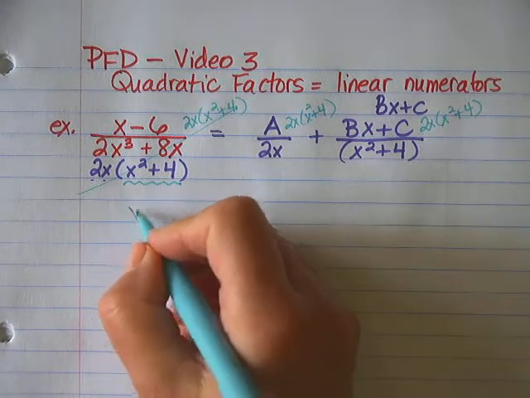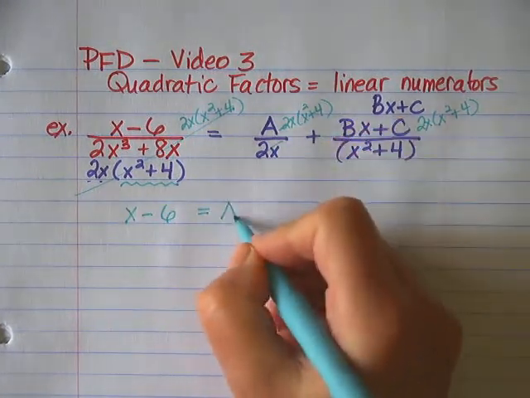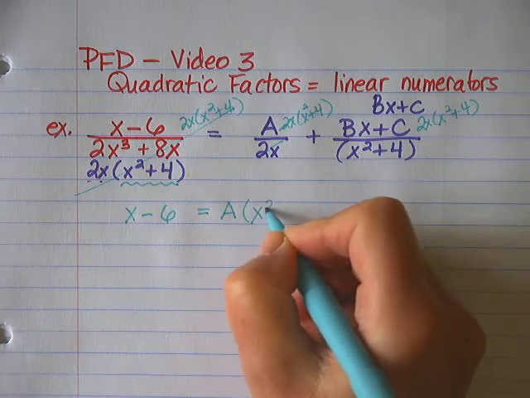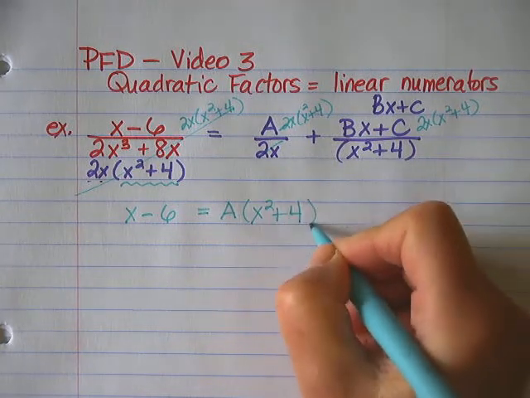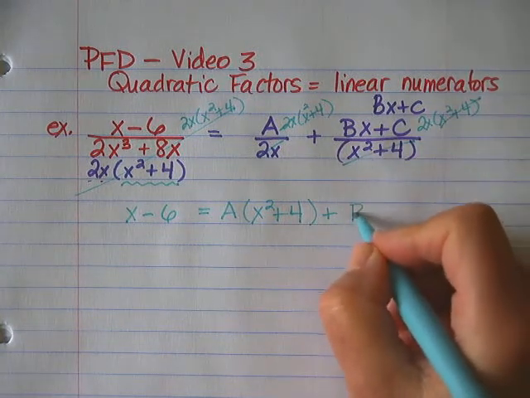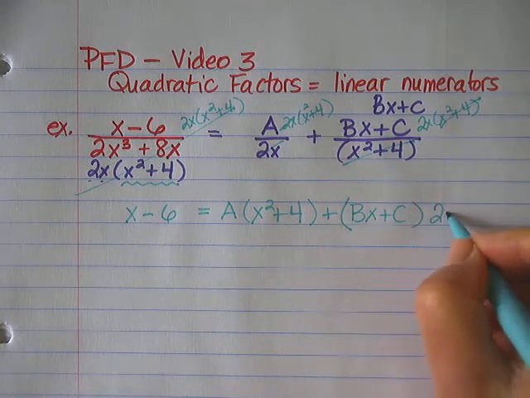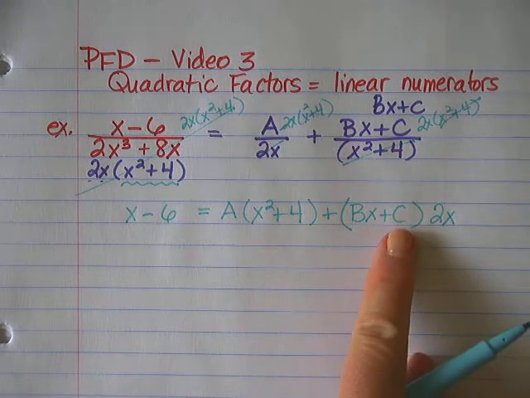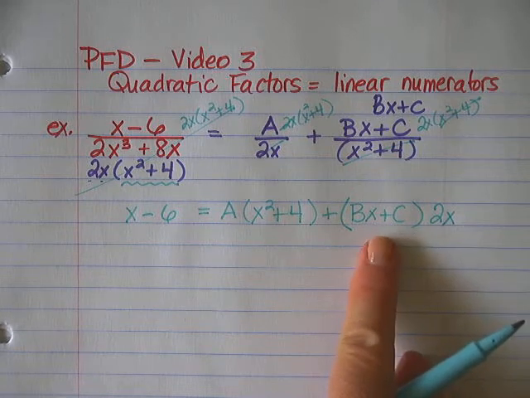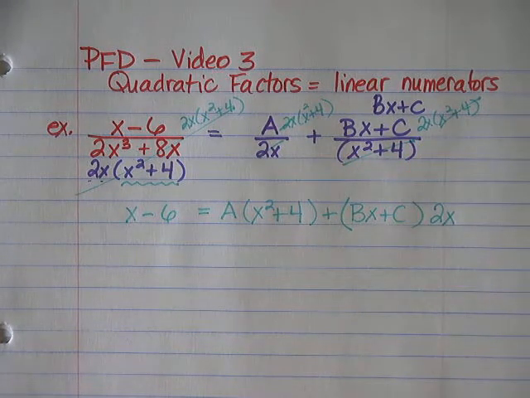We get x minus 6 equals a times x squared plus 4, plus, those cancel, bx plus c times 2x. Notice I put that numerator in parentheses. That's a whole expression that needs to be multiplied by that 2x.